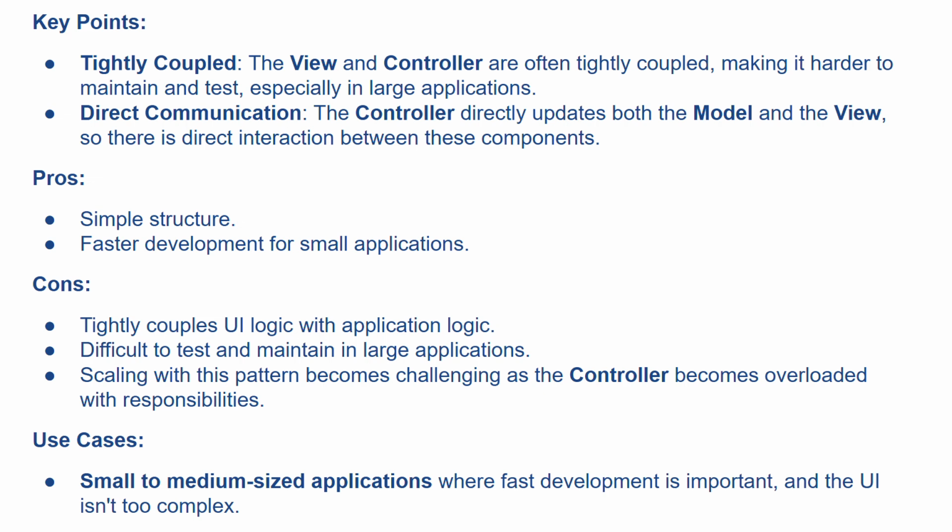Tightly coupled means view and controller are often tightly coupled, making it hard to maintain and test, especially in larger applications. For smaller applications it's fine because they don't have that many controllers and you can easily debug and check things, but in larger applications it gets so messy.